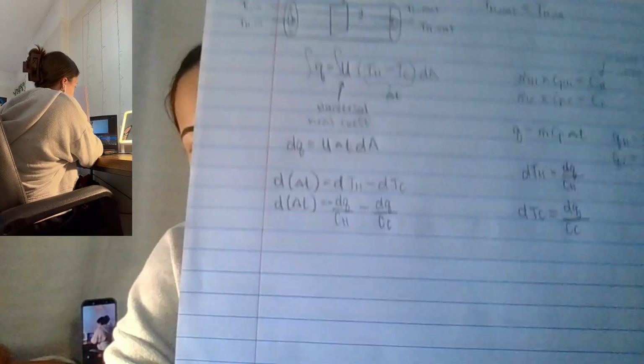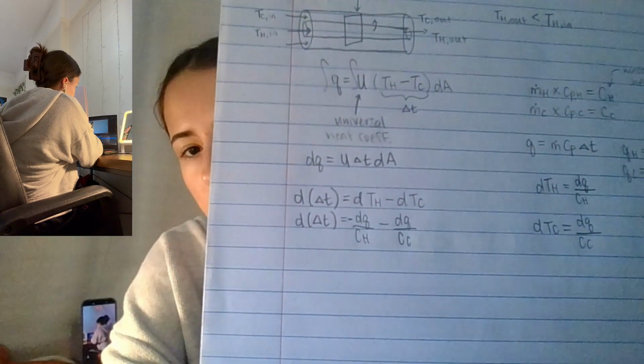And then there's one thing to tweak with this equation. In order for this to be in the correct units, we have to put a negative sign in front of our change in heat of the hot stream, because we know that the temperature of the hot stream is going to get colder as it goes on, so it therefore needs to be negative to account for that. So this is what we have here after plugging that in and adding that negative sign.